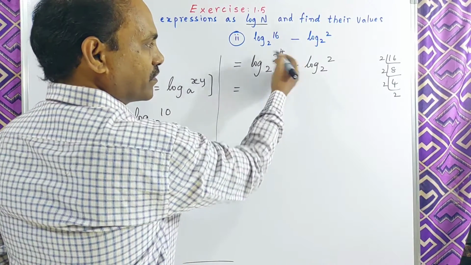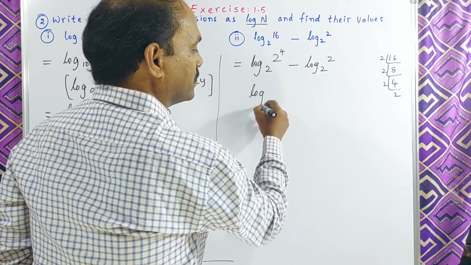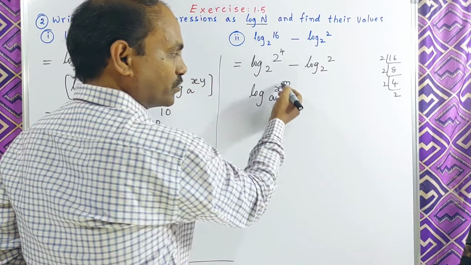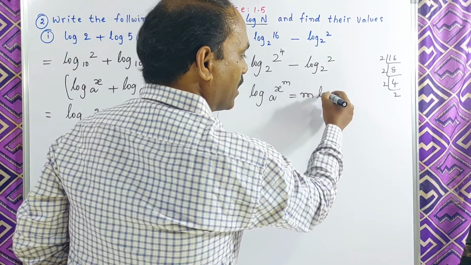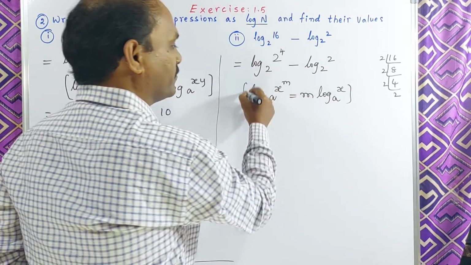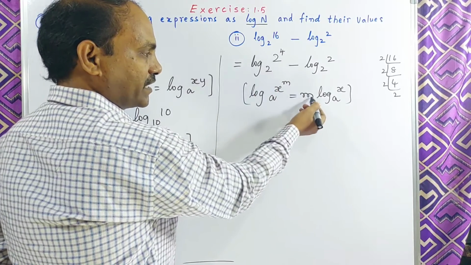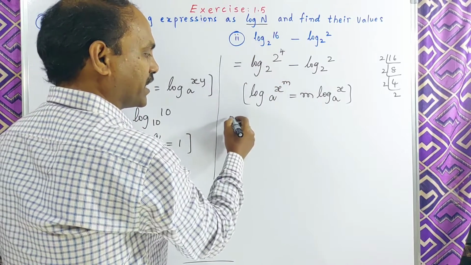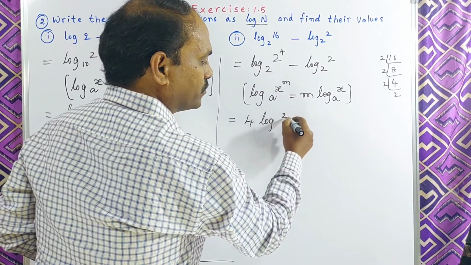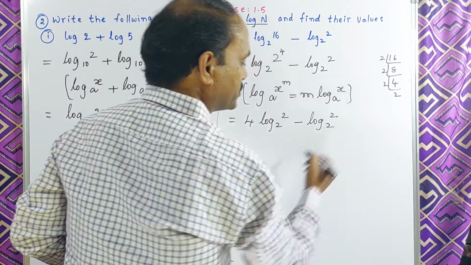This is in the form of log x power m to the base a is equal to m log x to the base a. Now this exponent you should write forward here, so 4 log 2 to the base 2 minus log 2 to the base 2.